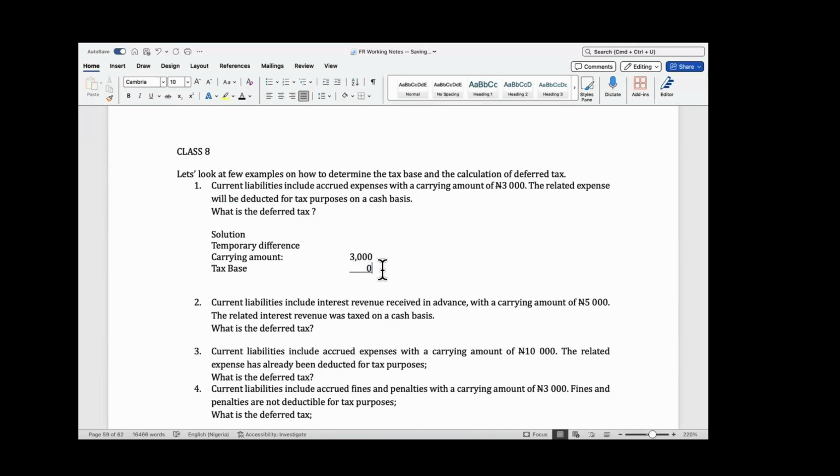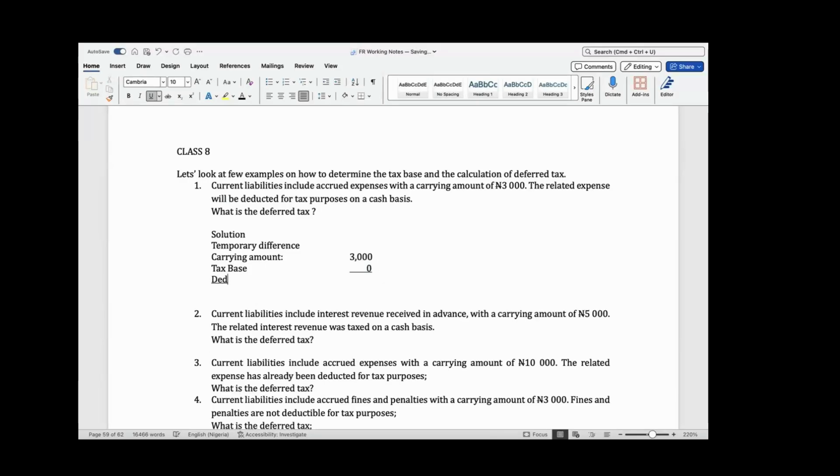In this case, we would have a scenario where we would have a deduction in the future. Because yes, the taxman is not capturing now, but that does not mean he will not capture it. He will treat the item as a deduction for tax purposes on a cash basis. When you pay for this expense in the future, he will capture it as a deduction.